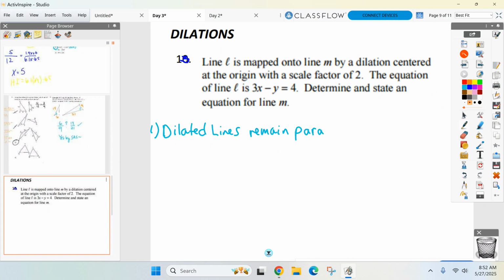Remain parallel. Which, go back to day one. What stays the same then? What stays the same if two lines remain parallel? Slopes. Same slopes, yep. Same slopes. So if you hear a line is dilated, they are parallel to each other.